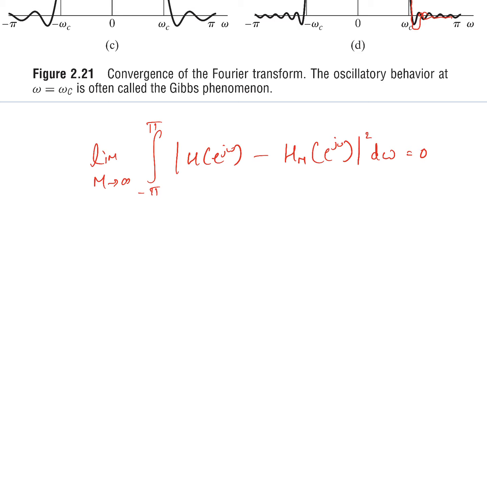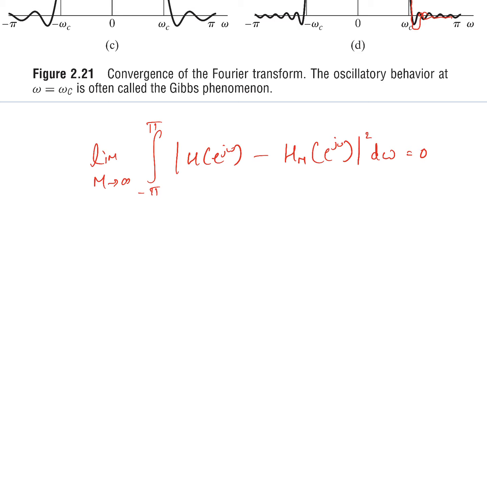So the takeaway message from this analysis is that you should never think of the Fourier transform as simply being the Z transform evaluated on the unit circle. Earlier we started this discussion saying that if the region of convergence includes the unit circle, then for those sequences you can compute both the Z transform and the Fourier transform.